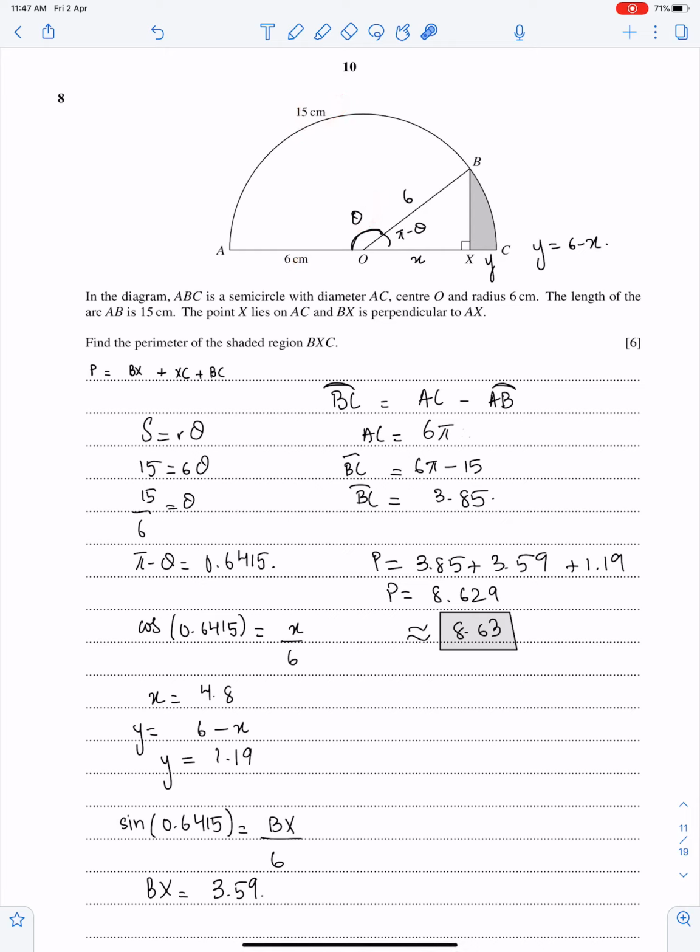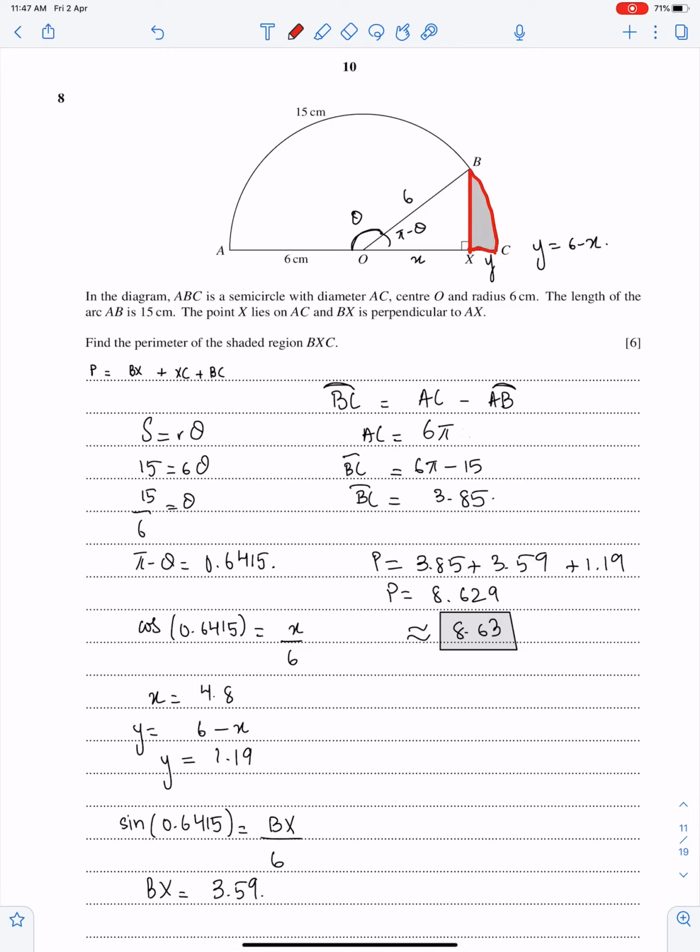Perimeter means the sum of the boundaries of the shaded part, meaning the perimeter will be this length, this length, this arc, and this length.